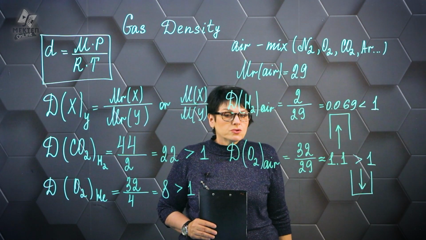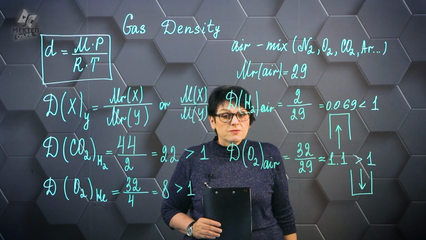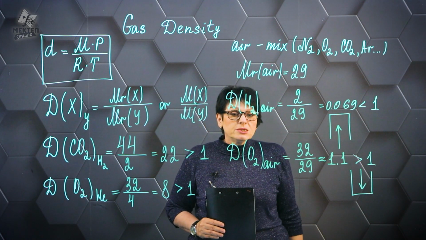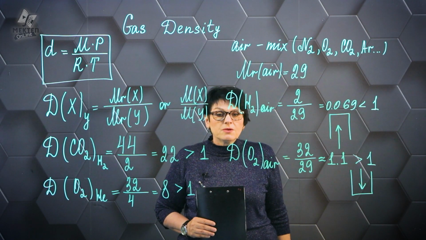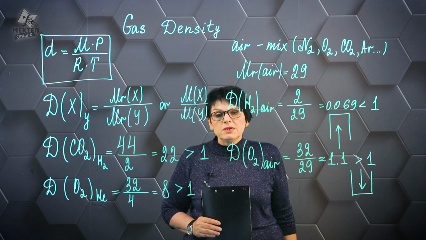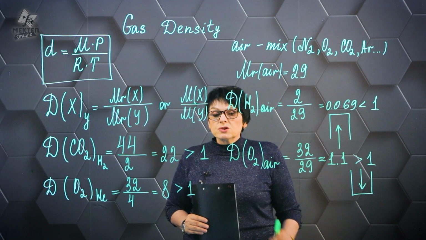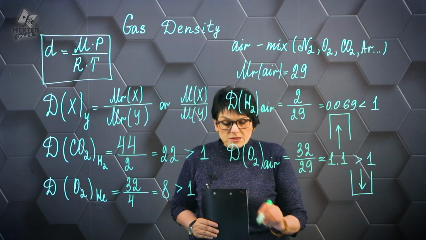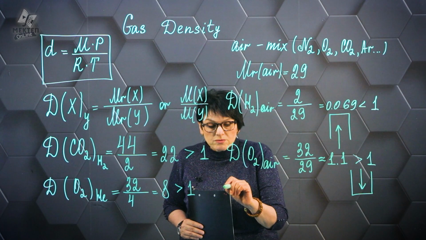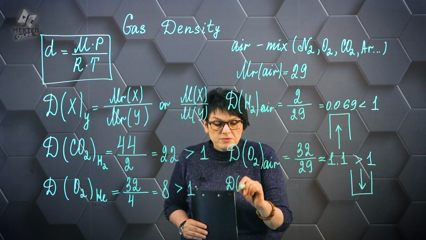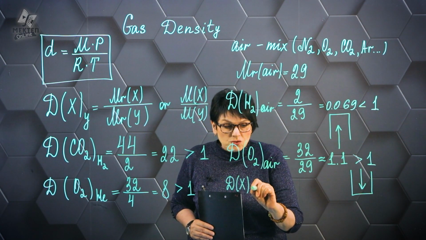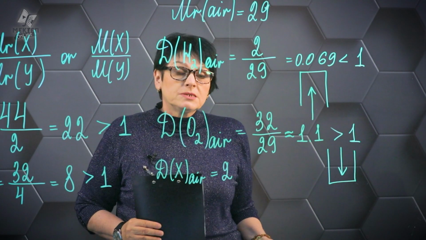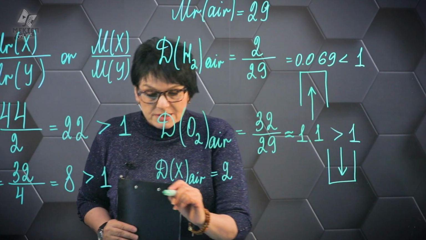So density is used, for example, as a practical component of experiments when you need to collect certain gases. Using density, you can find, for example, the molecular mass of an unknown gas. Let's say some unknown gas relative to air will have a density of 2. Let's calculate how much our unknown gas weighs.